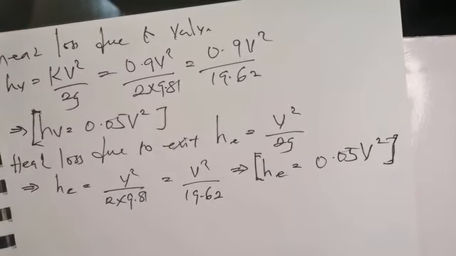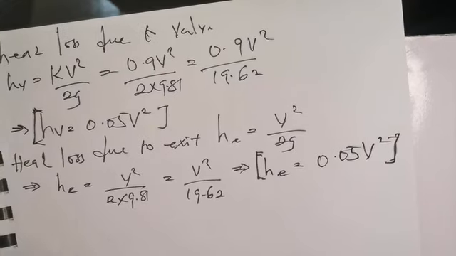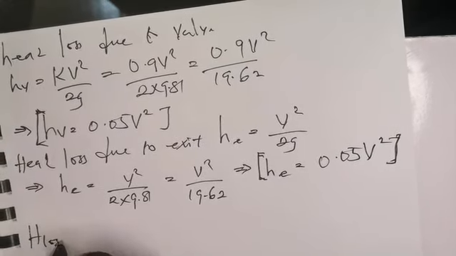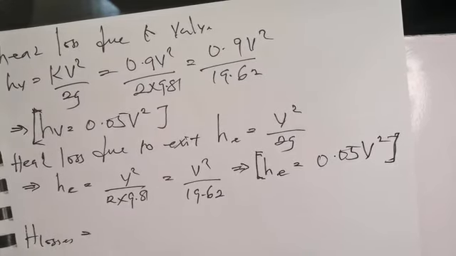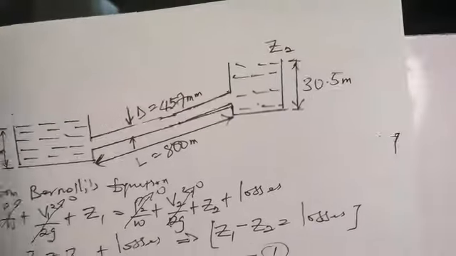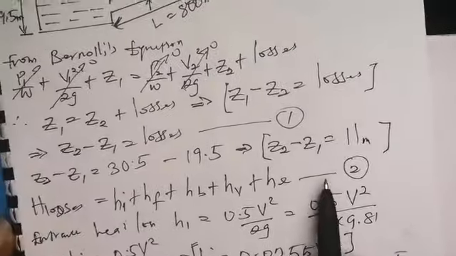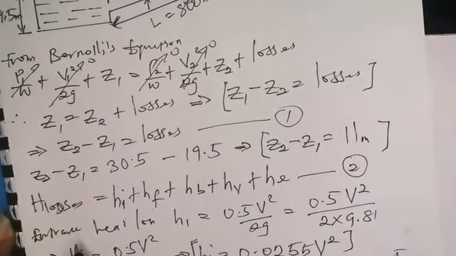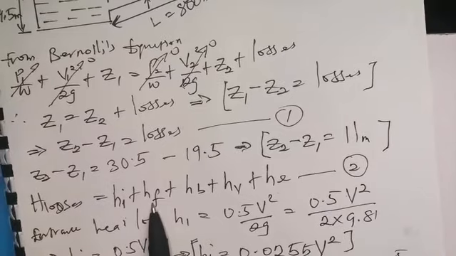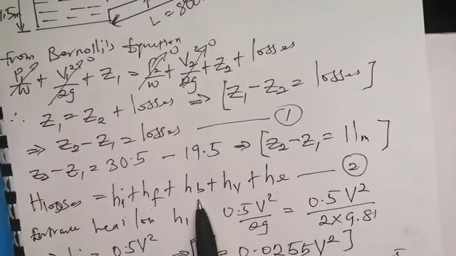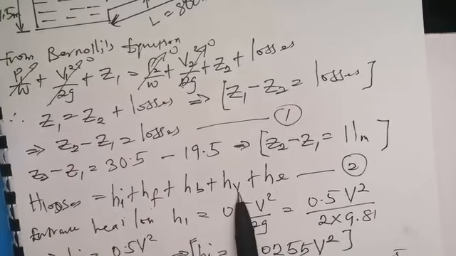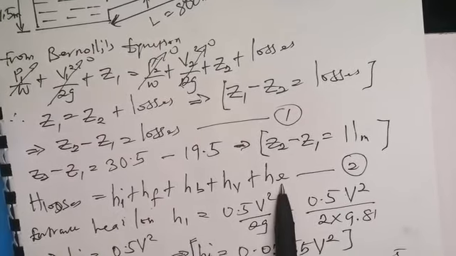Having found these head losses, let's now compute our total head losses. Total head loss is equal to the sum of the inlet head loss, so let's fall back to equation 2, plus the head loss due to friction, plus the head loss due to bend, plus the head loss due to valve, plus the exit head loss.